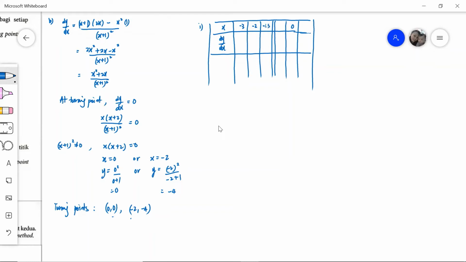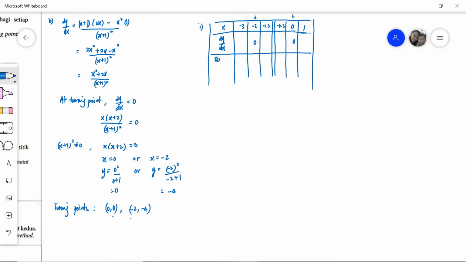For 0, the nearest point before is -1, but -1 doesn't work, so we shall take -0.5. And then after 0, we just choose 1. Now, at the x coordinates -2 and 0, dy/dx is 0.